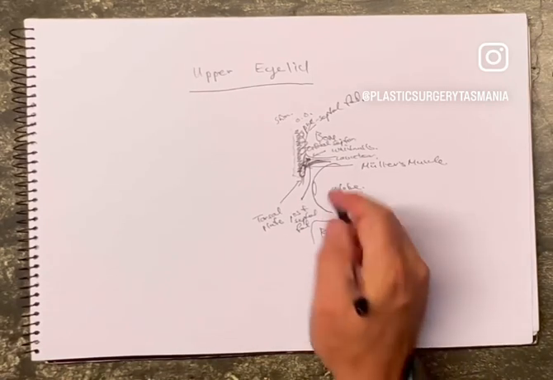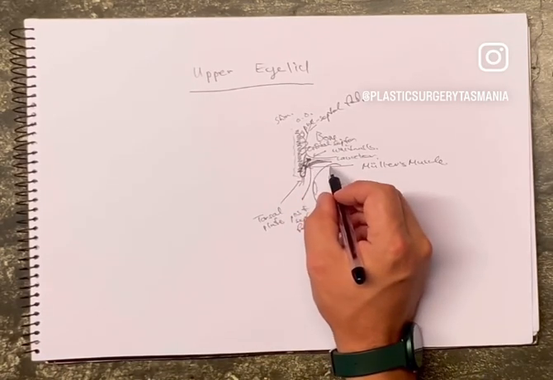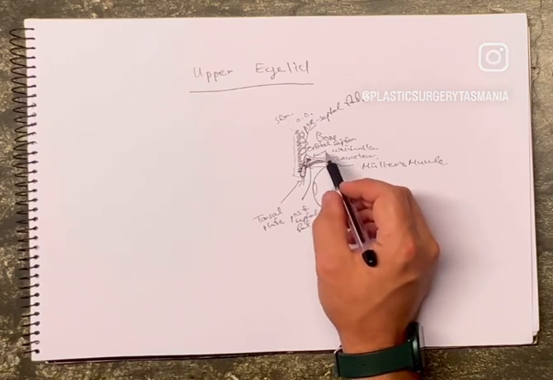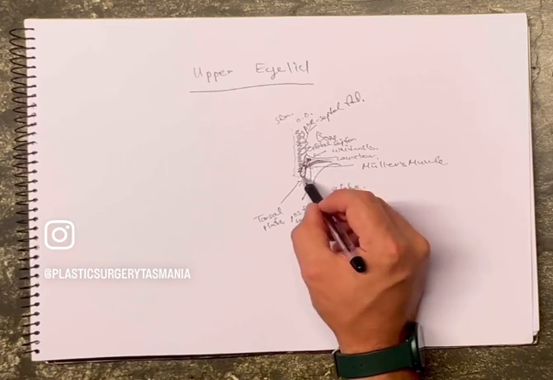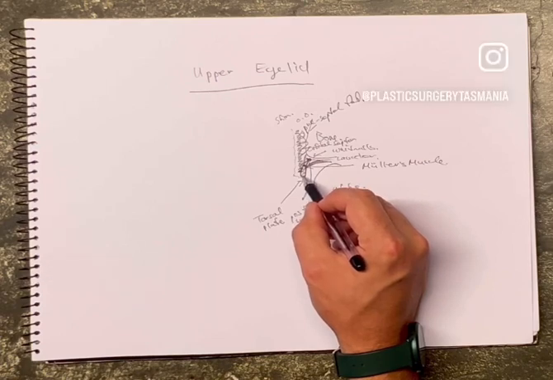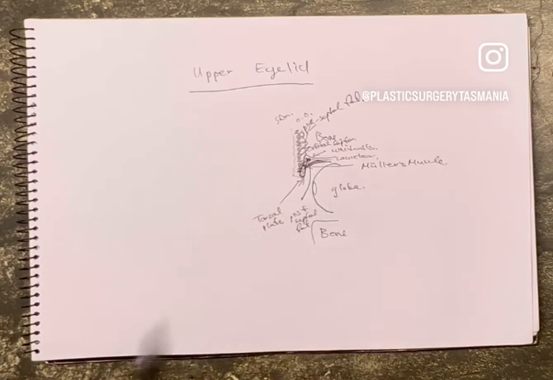And all of this is obviously lubricated, so there's large lacrimal glands in the upper lateral quadrant of the eye contributing to tears. There's also glands coming through the tarsal plate, the Meibomian glands, as well as glands going on to this aspect of the plate and to the lashes called glands of Zeis and glands of Moll.